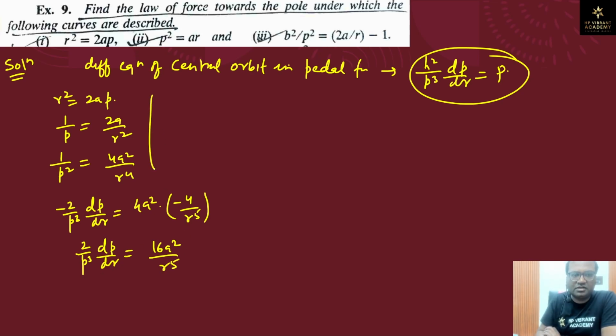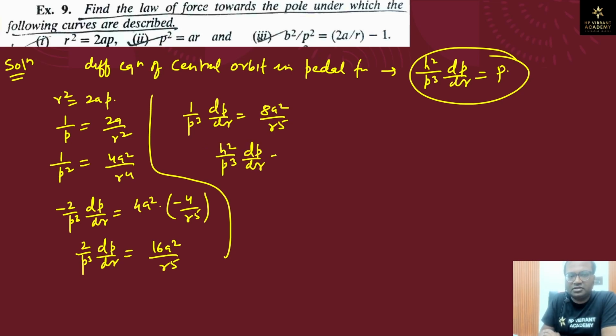So from here we have 1 upon p cube dp upon dr is equal to 8a square upon r^5. Let us multiply both sides by h square. H square upon p cube dp upon dr is equal to 8a square h square upon r^5. And we have the central acceleration as h square upon p cube dp upon dr. So we have the central acceleration as 8a square h square upon r^5.